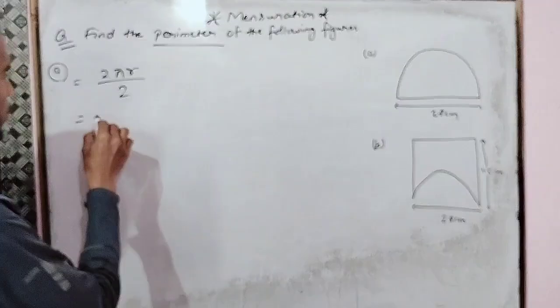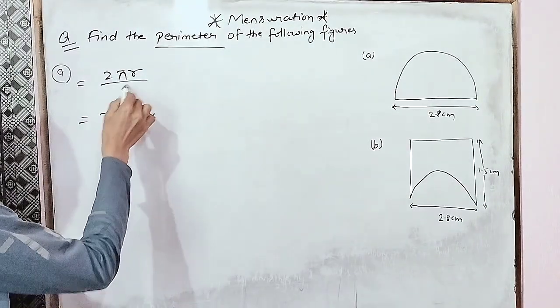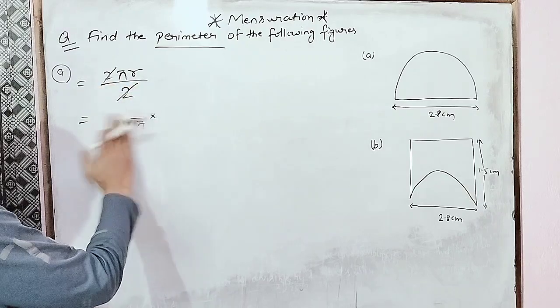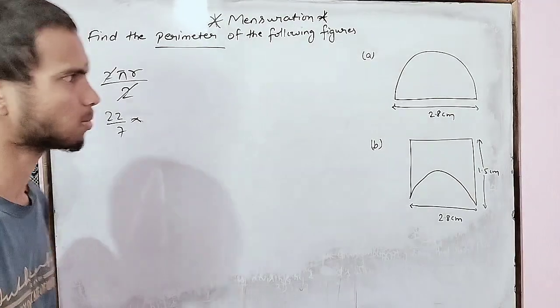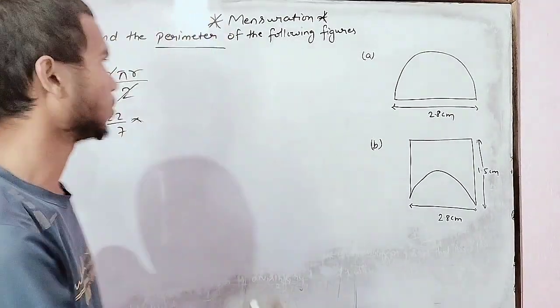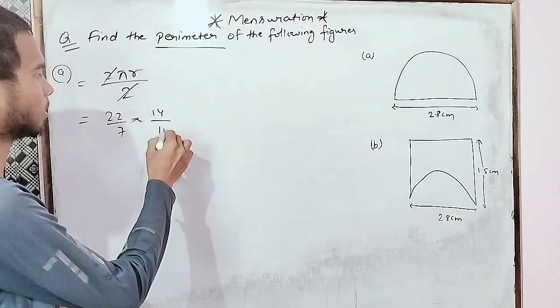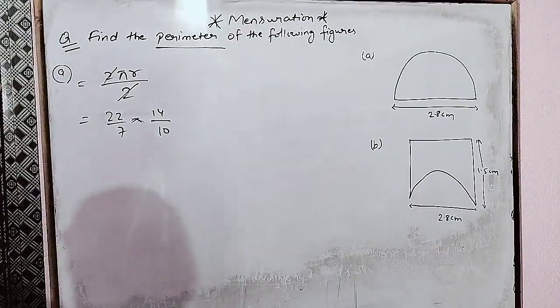Let's simplify it. The 2 cancels out, leaving 22 by 7 multiplied by r. The radius is 2.8 divided by 2, so can we write 1.4? 1.4 can be written as 14 by 10.